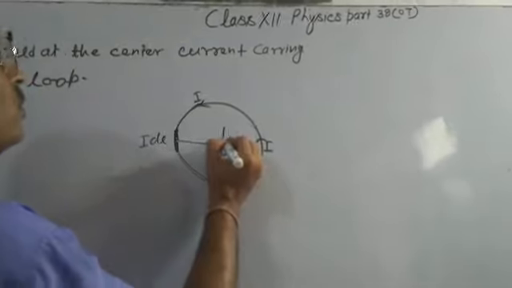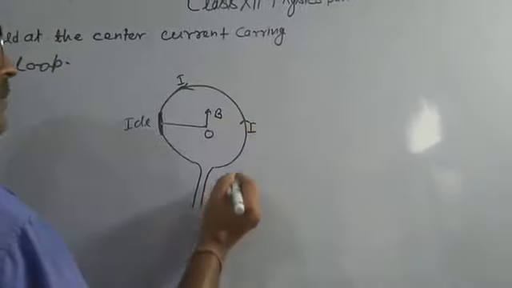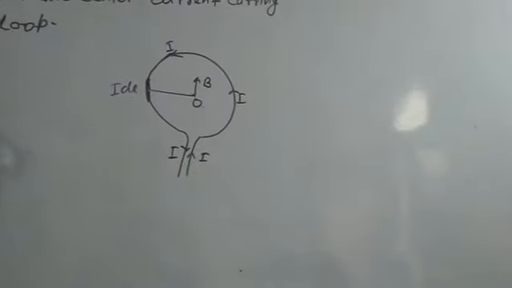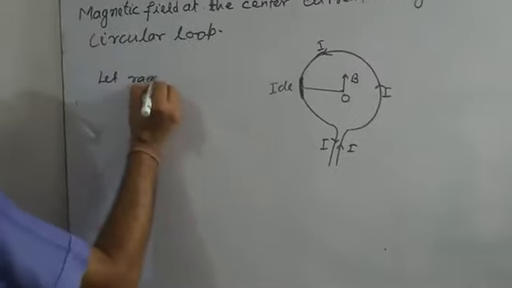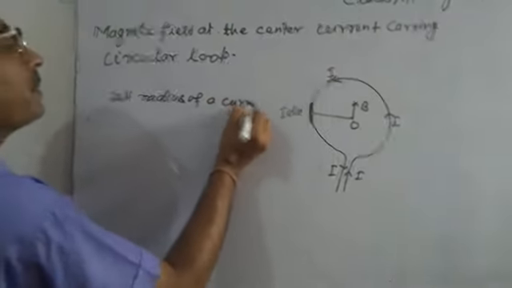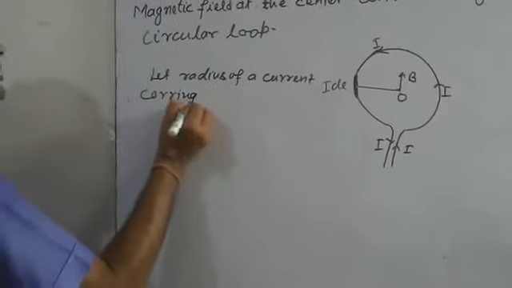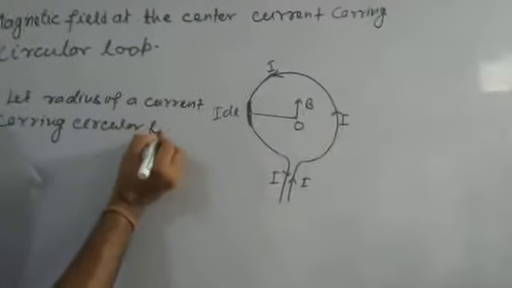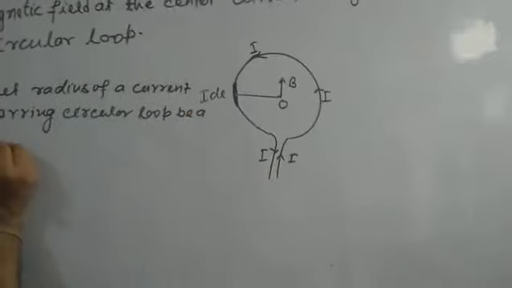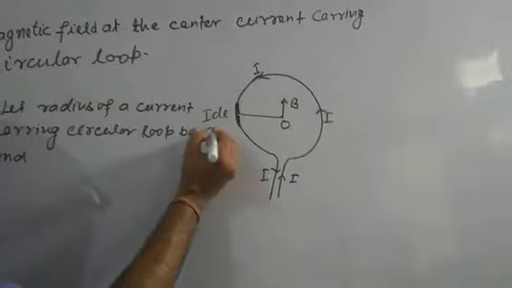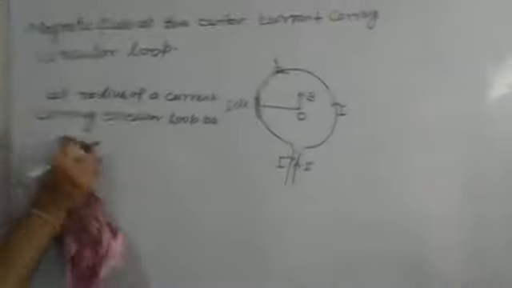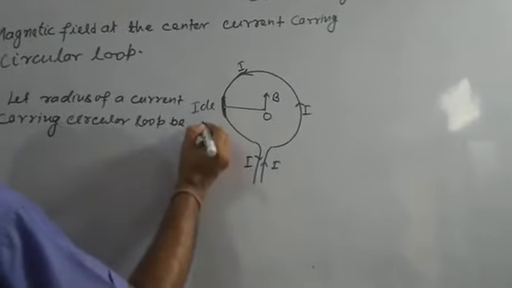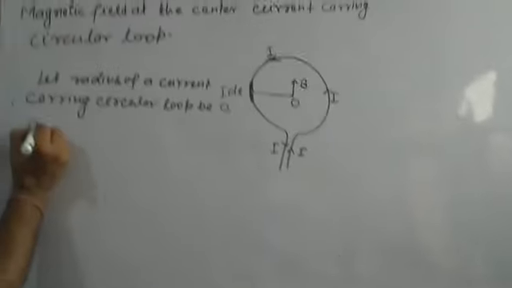This is the center O. This is the current I. Let the radius of the current carrying circular loop be a, and the current I.